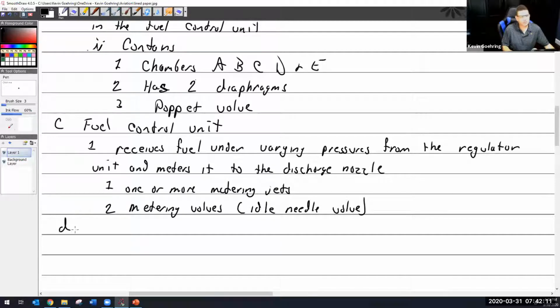And that brings us to the discharge nozzle. Its purpose is to inject fuel into the airstream.